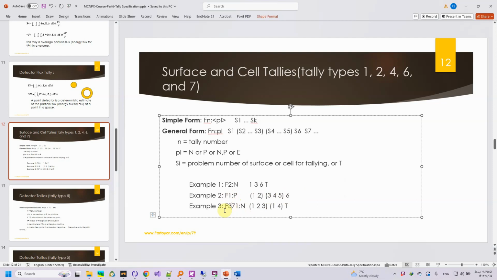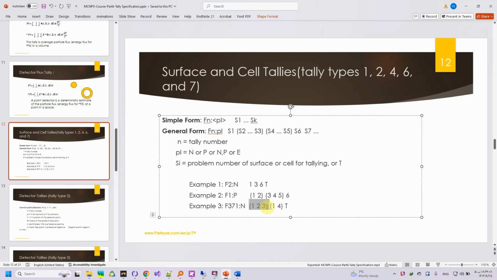Here is another example, F371. The last character in the tally is the type of tally. So it's also tally type 1 of neutrons.